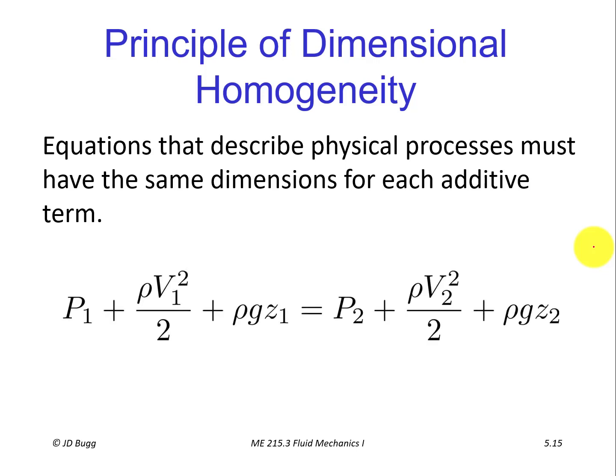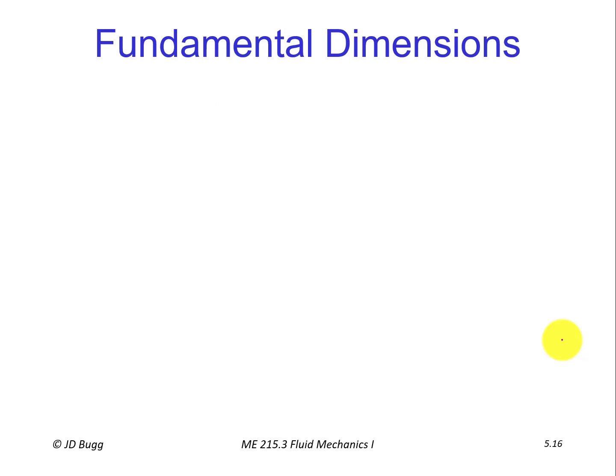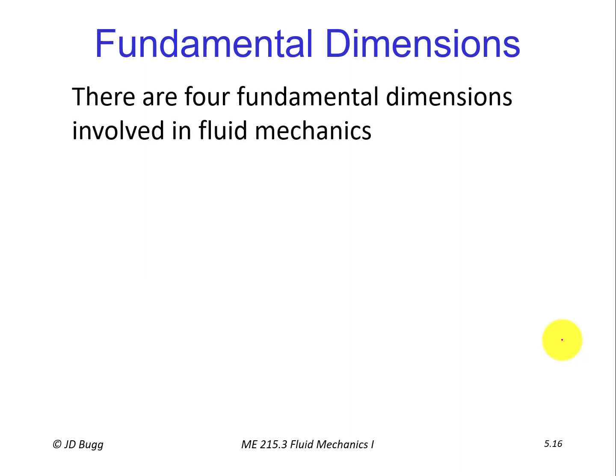So if we take a look at Bernoulli's equation, the principle of dimensional homogeneity tells us that the units of every one of these terms has to be the same, or the dimensions of every term has to be the same. So what are those possible dimensions? Well, in this class, there are 4 fundamental dimensions involved.